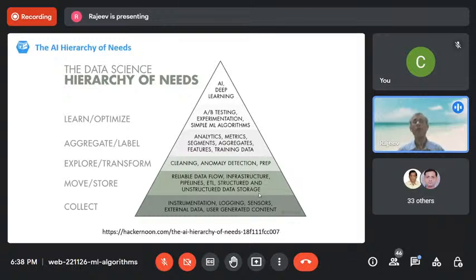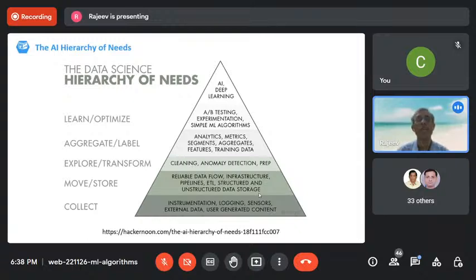Before the conclusion, let us look at the AI hierarchy of needs. This was a presentation I took from somebody: AI hierarchy of needs, which goes all the way from collect, move, store, explore, transform, aggregate, label, learn, optimize, things like that. Here also, the person talks predominantly about technology, not much about process and people.